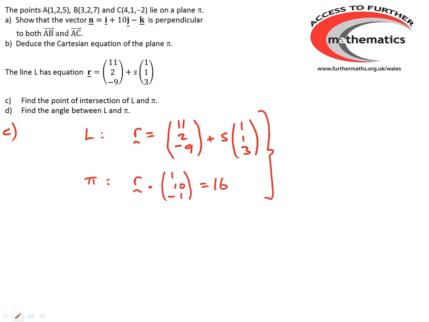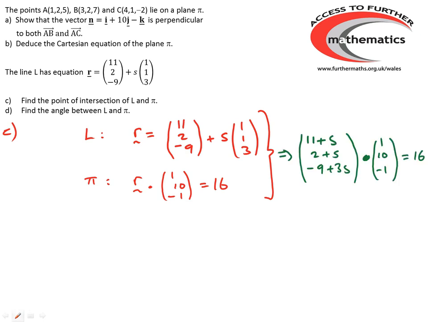If we substitute for r in the second equation, then we have (11 plus s, 2 plus s, -9 plus 3s). That's the format of r from the first equation. We're substituting it into the second equation, so that scalar product with (1, 10, -1) must equal 16.